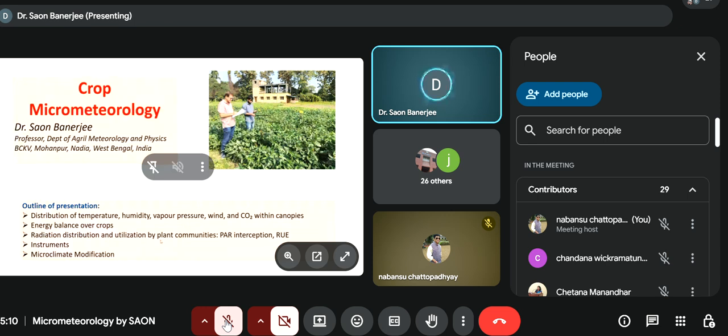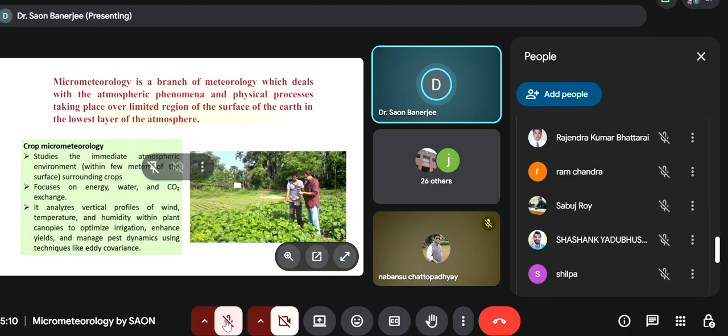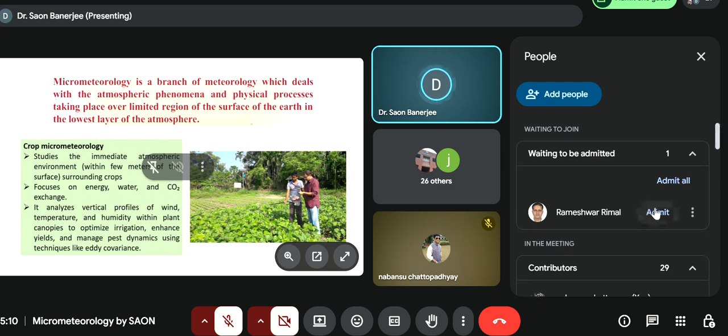So let us start with the very basics: what is micrometeorology? It is a branch of meteorology which deals with the atmospheric phenomena and physical processes which take place or are restricted to a very limited region over the crop surface, or over the earth surface, or over the ocean surface.